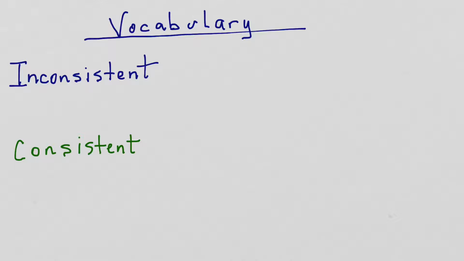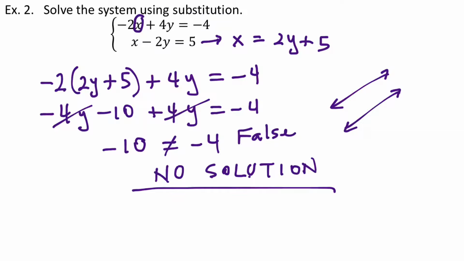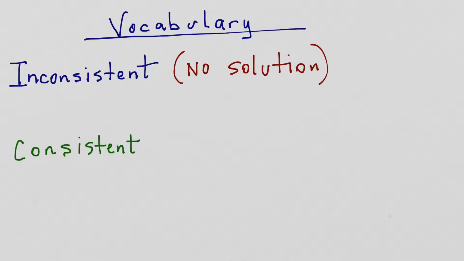Now let's talk about some vocabulary words that are used in the study of systems of equations. If you have an inconsistent system, that means you have no solution. So let's go back and label our problem that had no solution. So this problem is inconsistent. I should say this system is inconsistent. Then the other possibility is that you have a consistent system, and that means there is either one solution or infinitely many solutions.